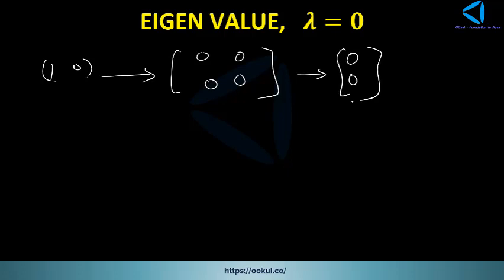You cannot say whether the output vector 0 0 is parallel to 1 0 or not. You can say it is parallel, since the point is coinciding, but you cannot say in which direction, it has all directions.